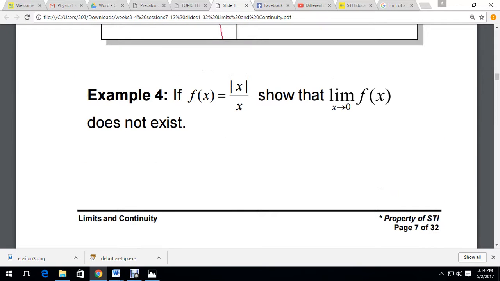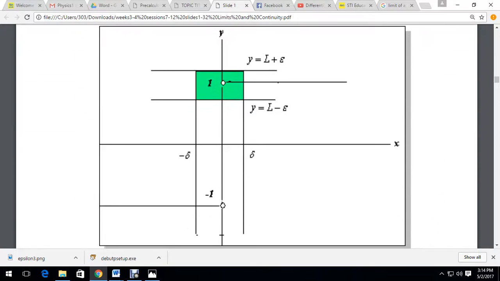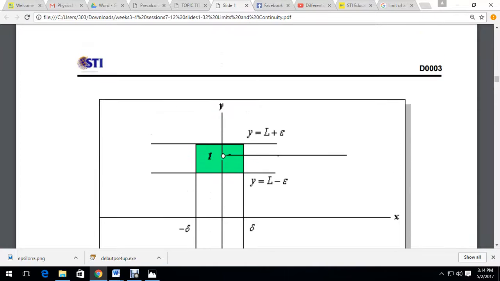Now, suppose x is equal to -1, then any assigned value would fall within this vicinity. Now, if we define a value epsilon, so that we have, for example, L plus epsilon and L minus epsilon as our epsilon neighborhood, then our delta neighborhood obviously would be within this vicinity.